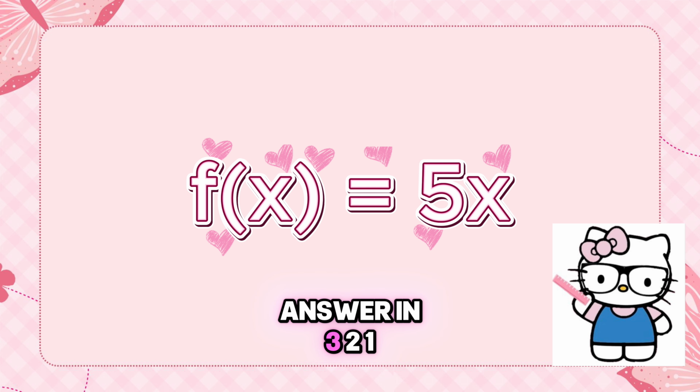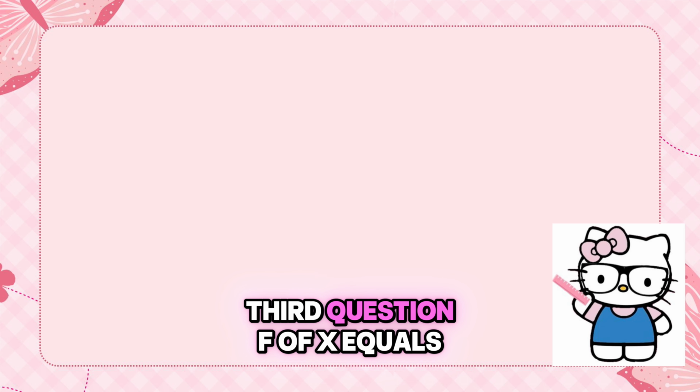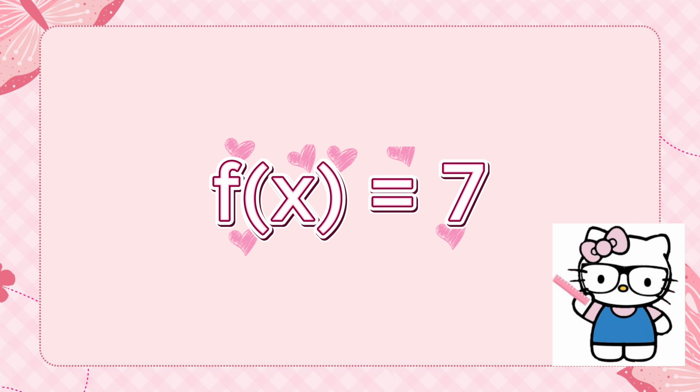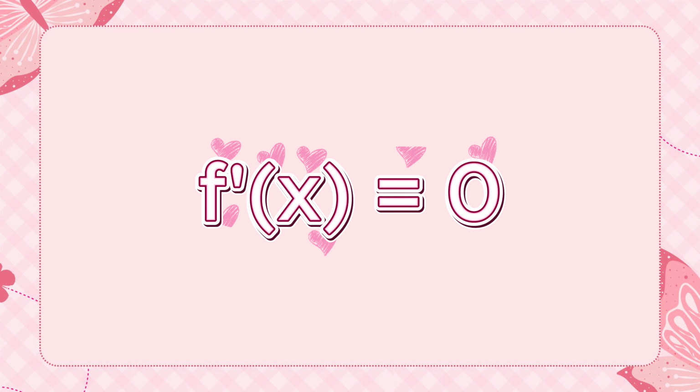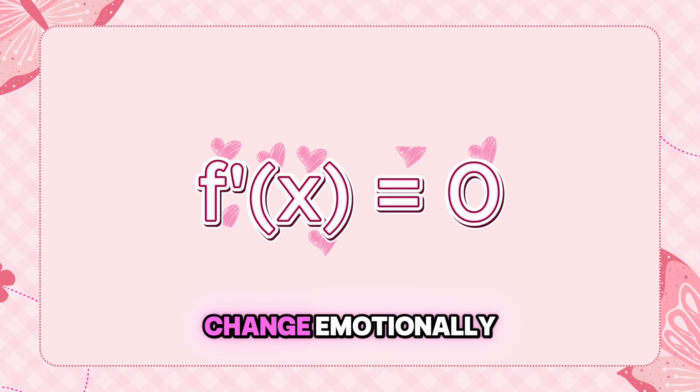Answer in 3, 2, 1. Third question, f of x equals 7. Answer in 3, 2, 1. This is because constants don't change emotionally nor mathematically.